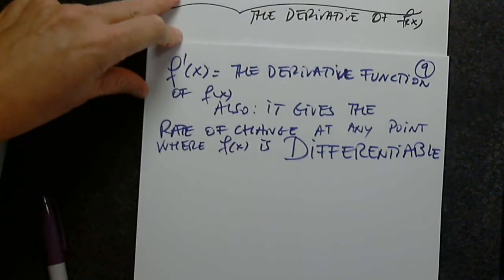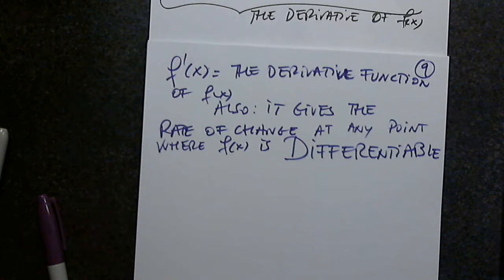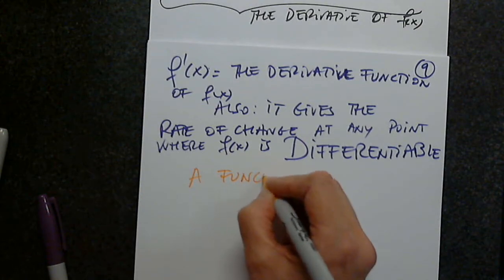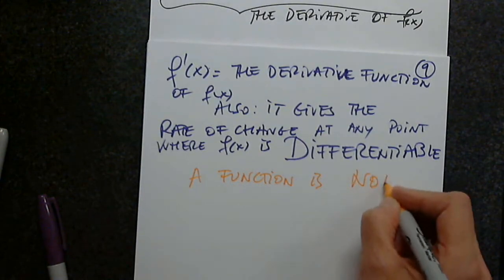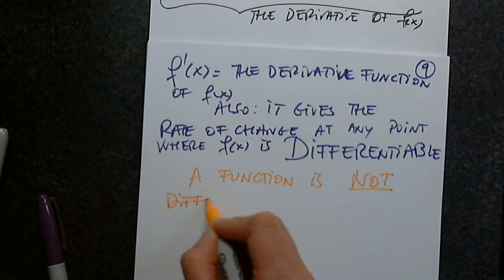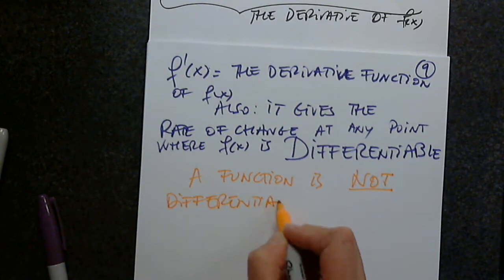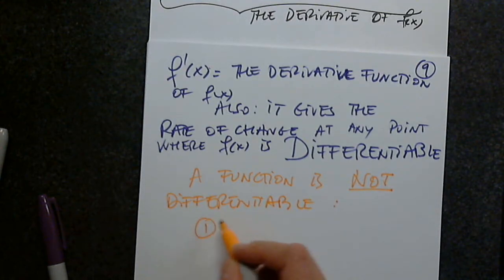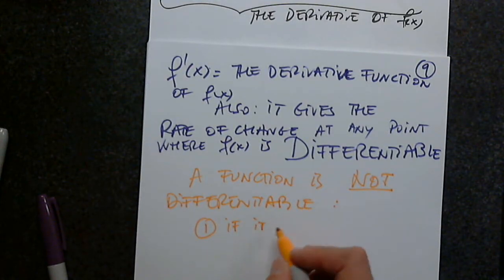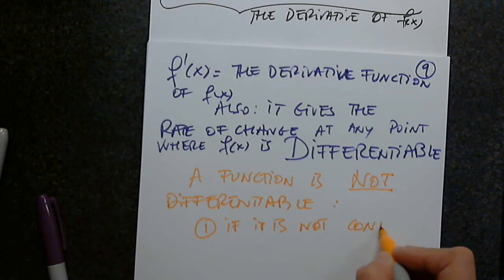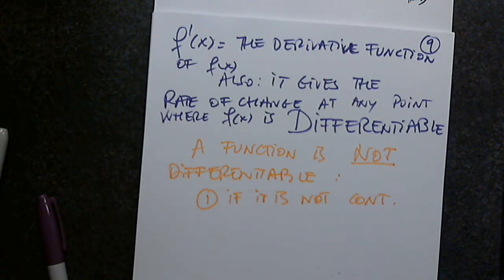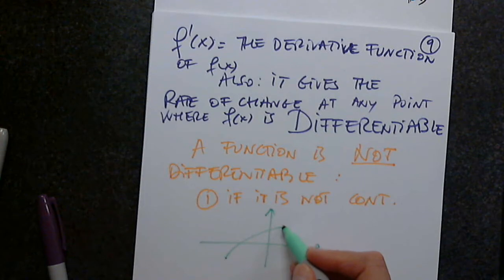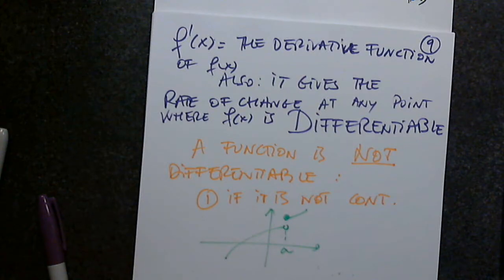In which conditions or situations is a function not differentiable? It does not have a derivative, in other words. A function is not differentiable, one, if it is not continuous. So here is an example. At point A, the function is not differentiable.